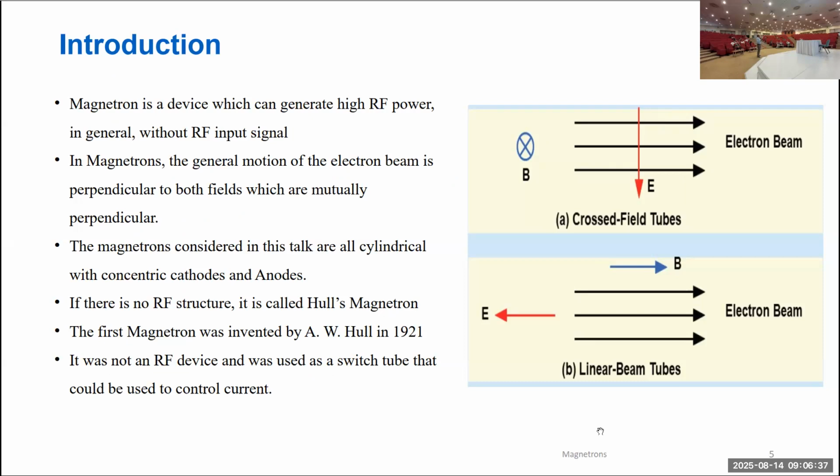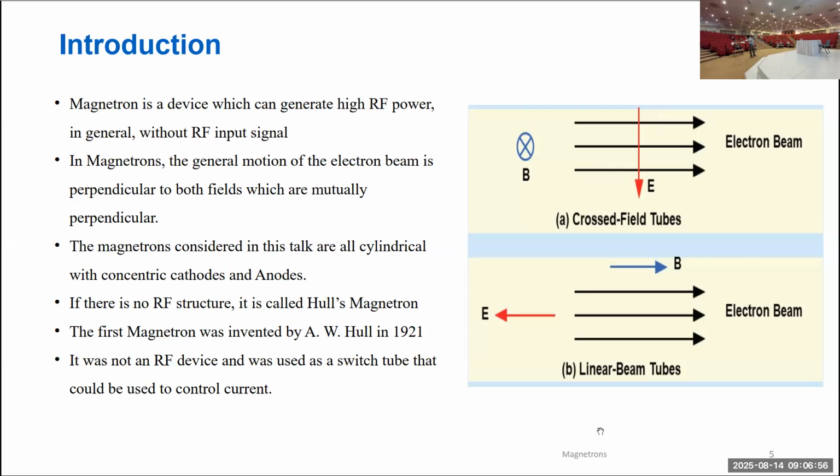In the magnetron, the general motion of the electron beam is perpendicular to both fields, which are mutually perpendicular. You can see here, the electron beam is moving in this direction.